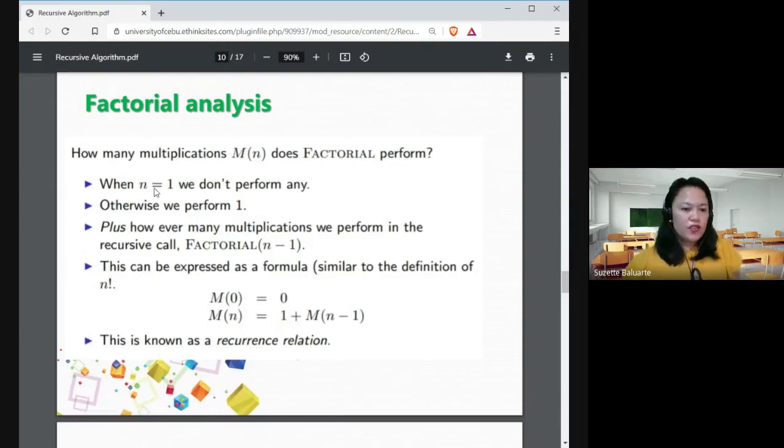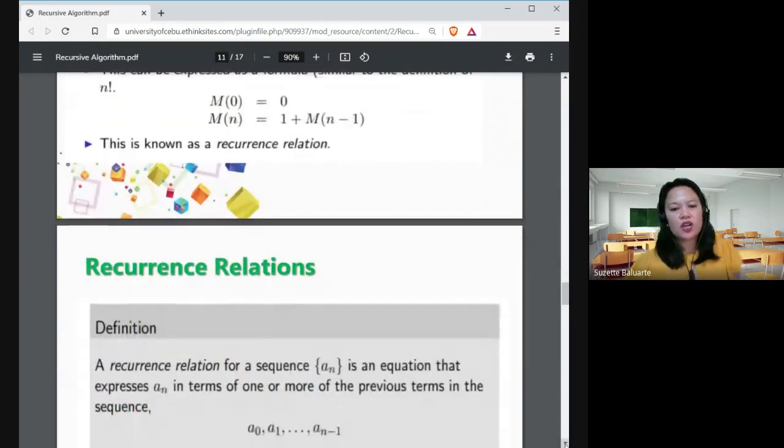So if your n is equal to 1, then you will say n plus M of n minus 1. Probably we're using the M now, later on we'll be using the T as the time complexity goes. This is known as the recurrence relation. And what is a recurrence relation, by the way?